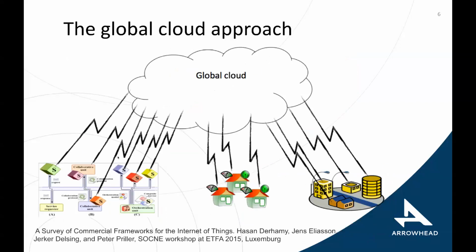And if we then look at the global cloud approach, where this global cloud might be Amazon or Microsoft or whoever, then people are trying, and there actually are some control situations going on where we are sending things to cloud solutions somewhere else on the globe.